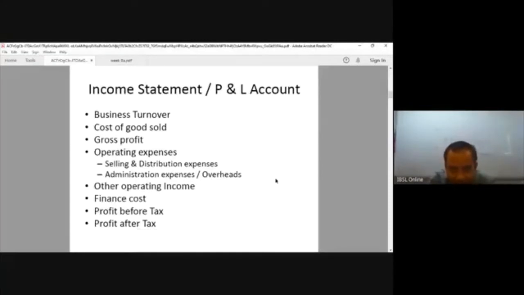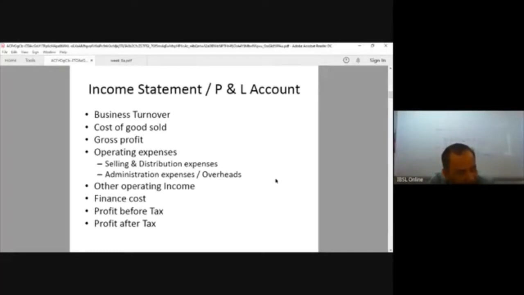So you are taking a profit and loss account, an income statement. What are the areas you look at in a profit and loss account? Your income statement will be different when it comes to a trading firm and a manufacturing firm.